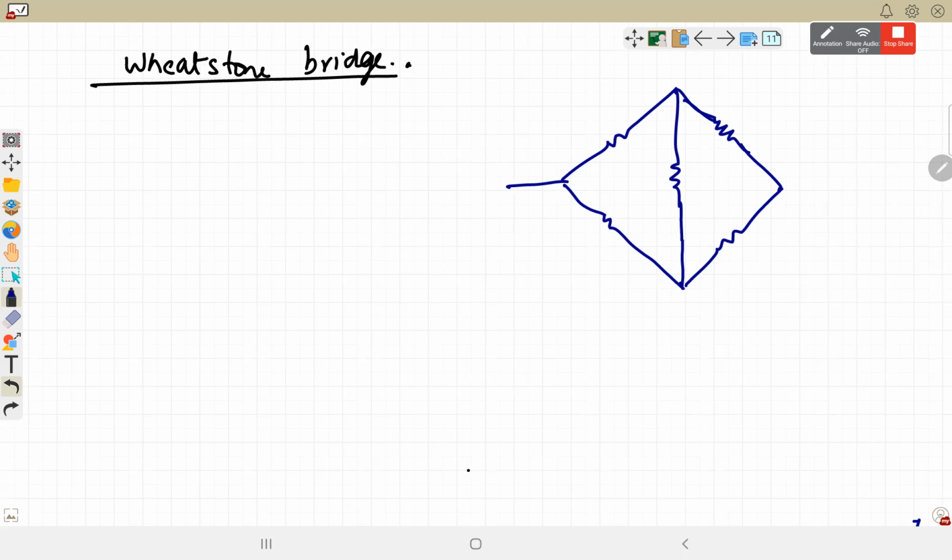Don't get confused. Left side ratio is R1, R2, and on the right side R3 and R4. In the middle comes R5.